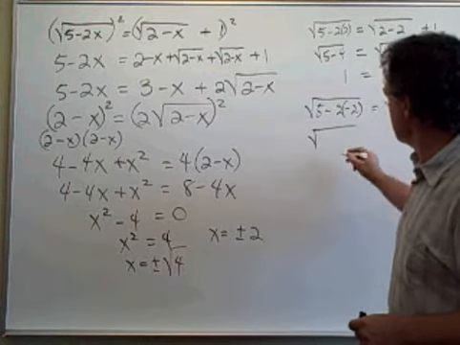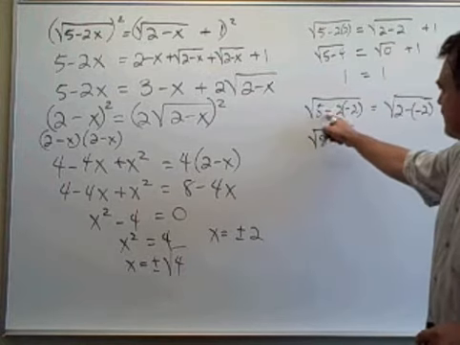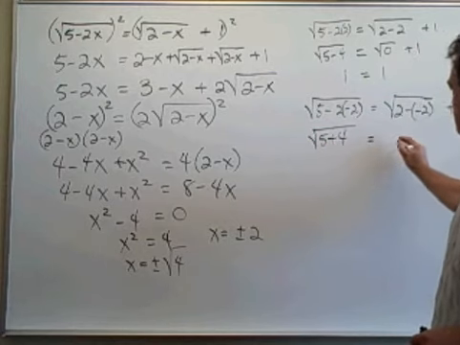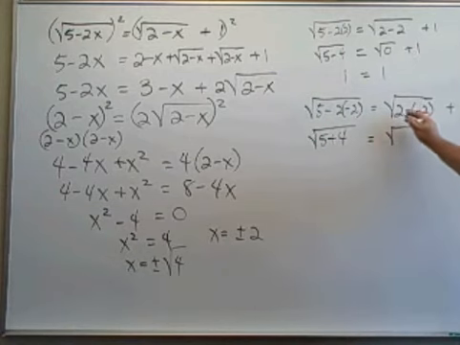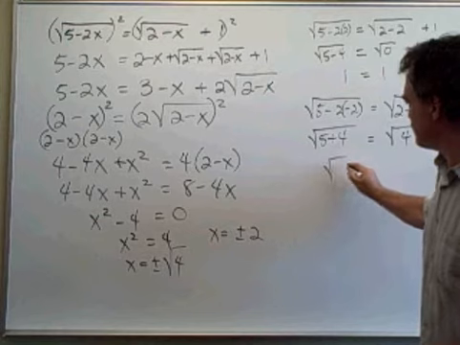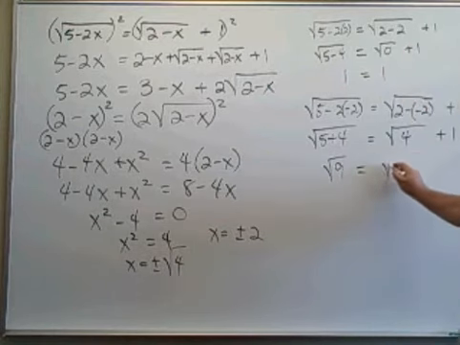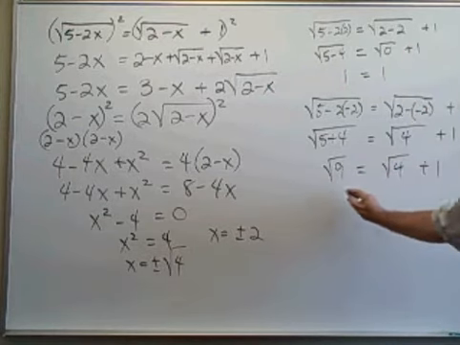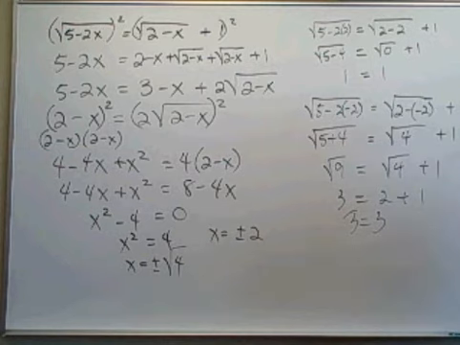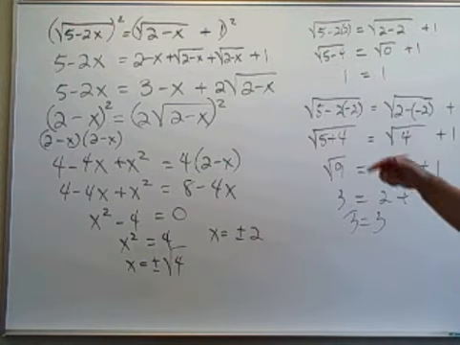So this is going to be 5, minus the minus will give us plus 4. And this is 2 minus minus 2, that's 2 plus 2, which is 4. So I have the square root of 9 equals the square root of 4 plus 1. 3 equals 2 plus 1. 3 equals 3. We have found 2 valid solutions to that original radical equation.